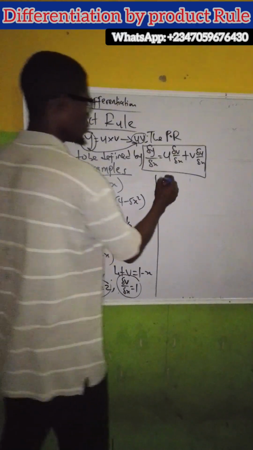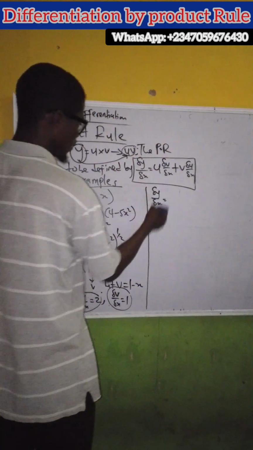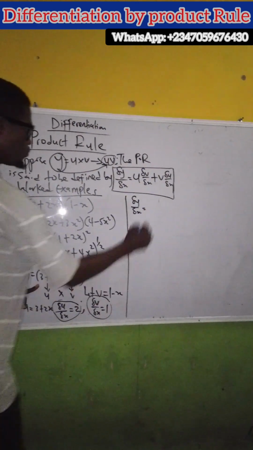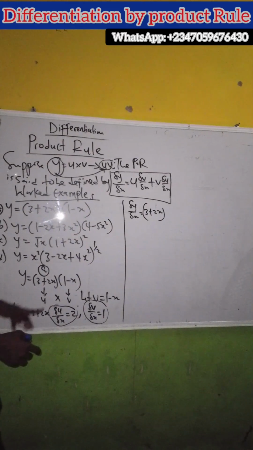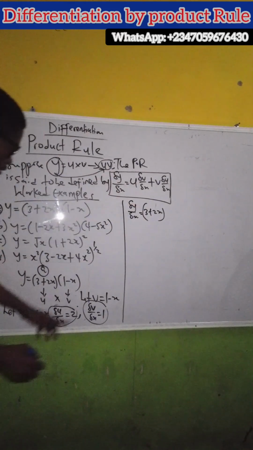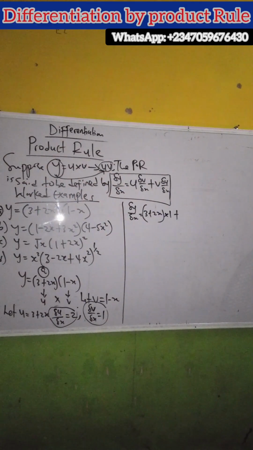So let's go. We now have dy over dx equals, using this formula, what is our u? Our u is 3 plus 2x multiplied by the dv over dx, multiplied by 1 plus, what is our v?